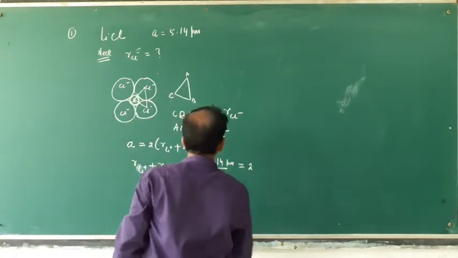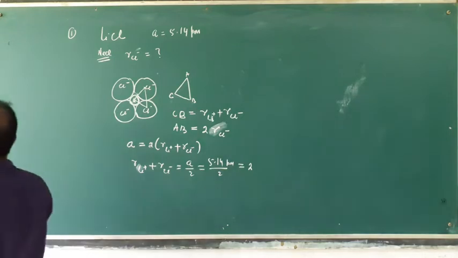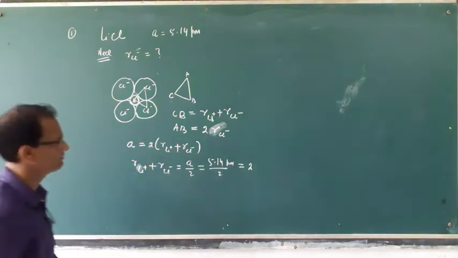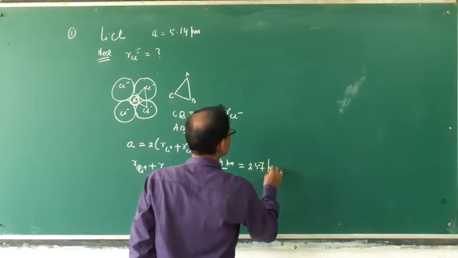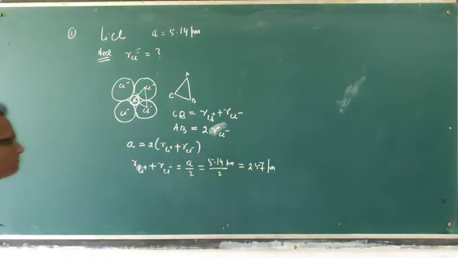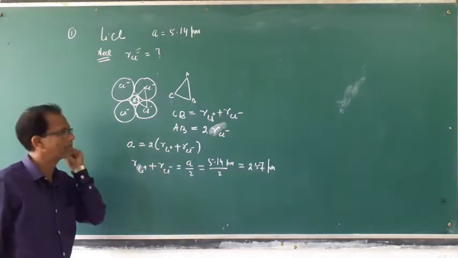2. How much coming? 57. 2.57 picometer. This is the summation of cation anion.